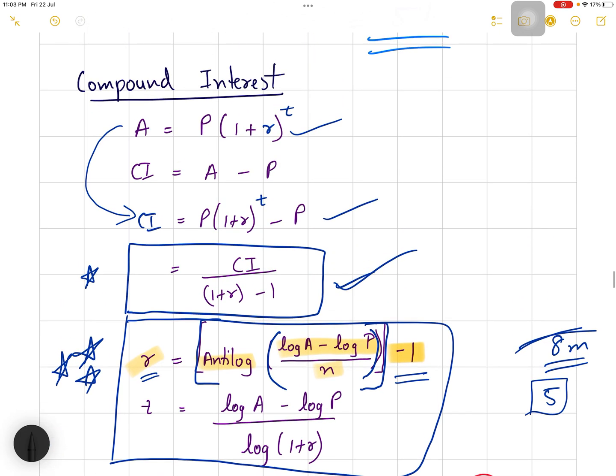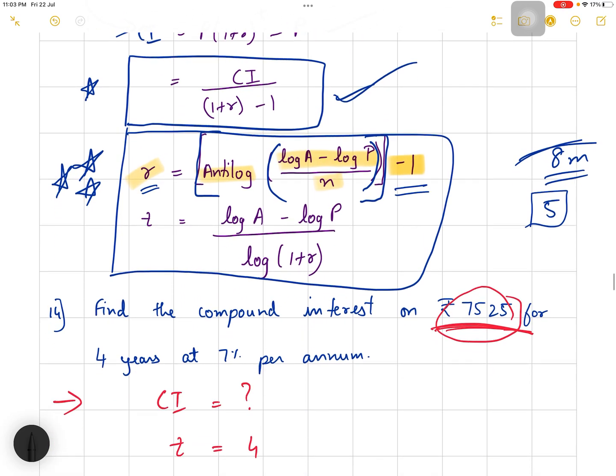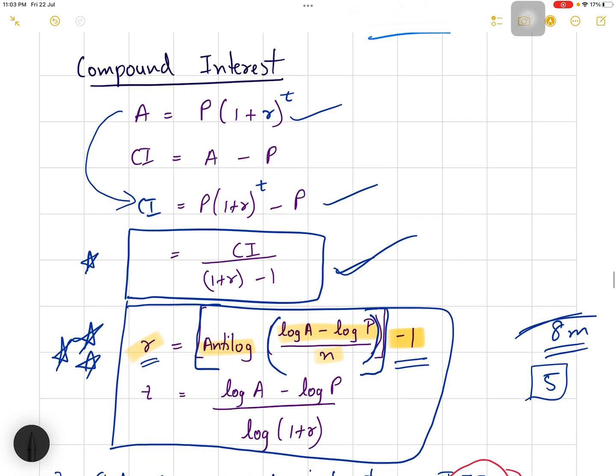If you see the formulas, we are not using the formula principal is equal to CI upon (1 plus r minus 1), because we don't know the simple interest.